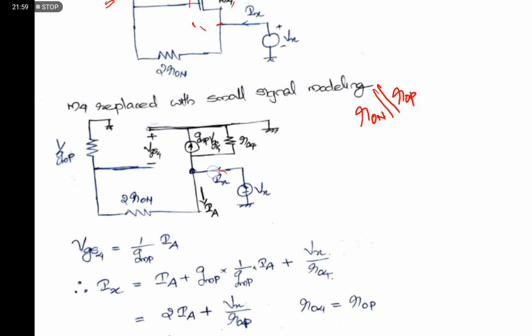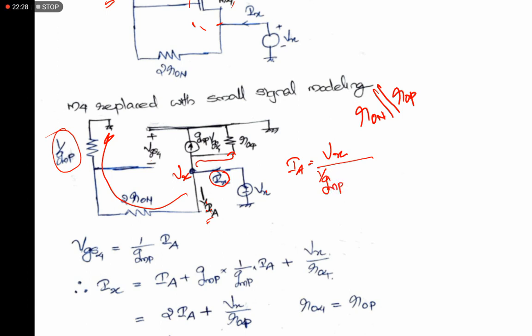So here I need to express Ix in terms of Vx. Okay, here Ix is split into Ia and the current in this direction, and VGS4 is across this one. We can define Ia in terms of this voltage Vx, so we can define Ia as Vx divided by these resistances, like 1 by GMP plus 2R on. Okay, so Ia is expressed in terms of Vx, and we need to express these two currents also in terms of Vx.